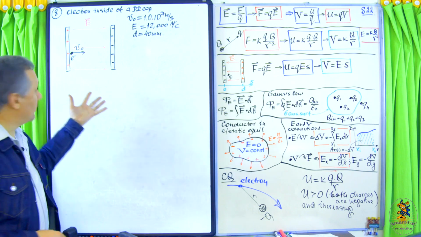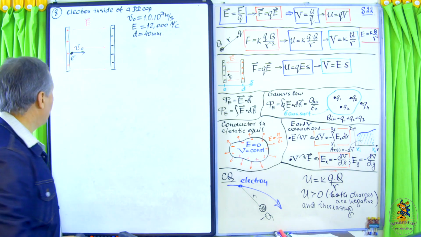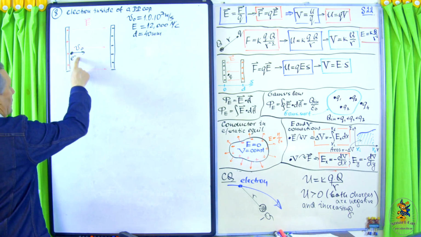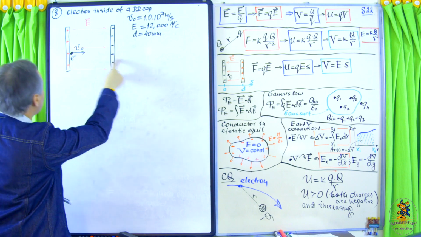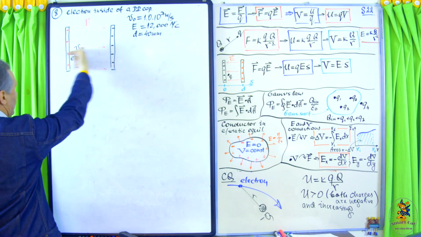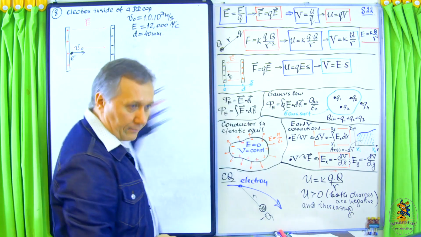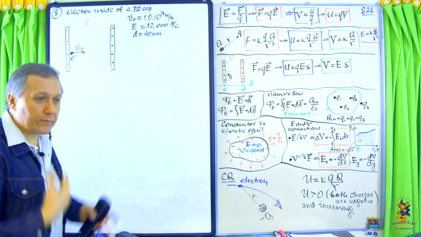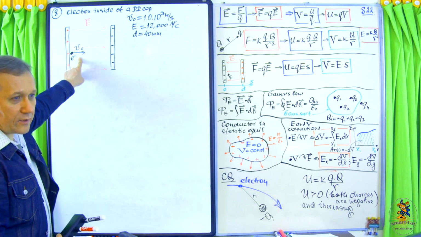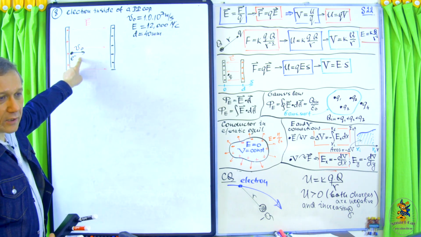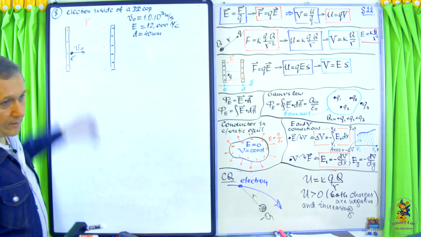So let's first see what happens to the electron, and then we'll be able to write what needs to be found. This electron is repelled by the negative electrode and attracted by the positive electrode. So there will be a force to the left, decelerating the electron. Of course this initial velocity is essential. If we did not have this initial velocity, this electron wouldn't move anywhere, it would just stay there, right?